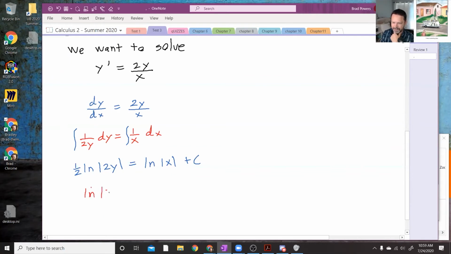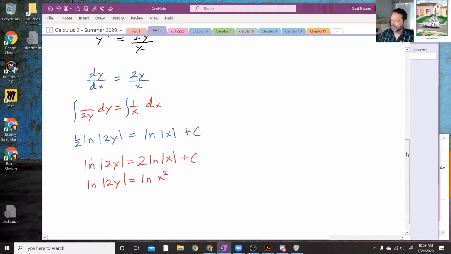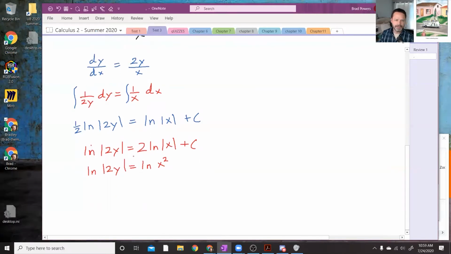So we got ln of 2y is the same as, let's see here, 2 ln x, plus c, whatever. Actually, let's do this. ln of 2y is equal to, and then we can use a property of logarithms here if we want, ln of x squared plus c.